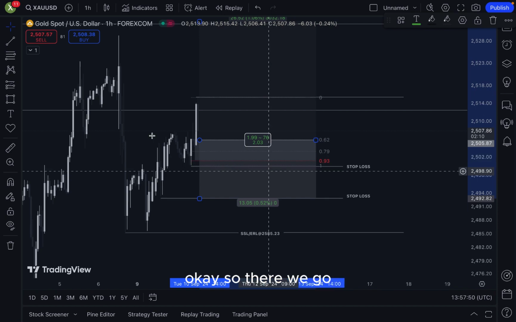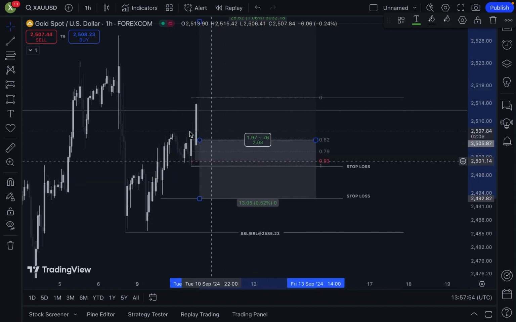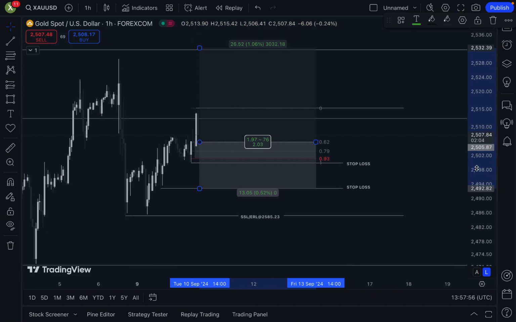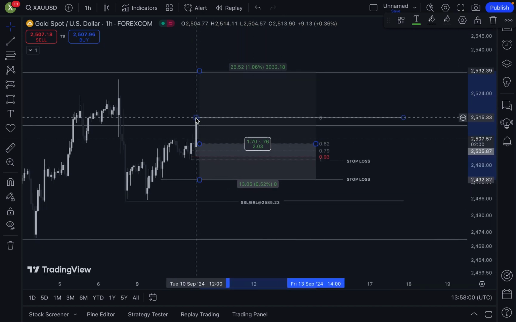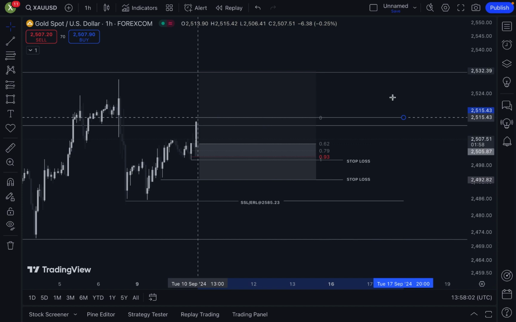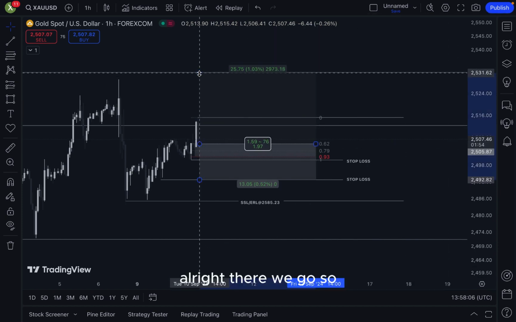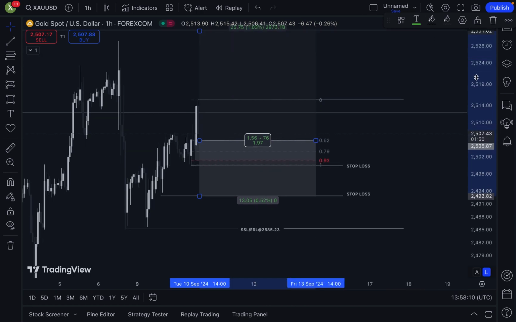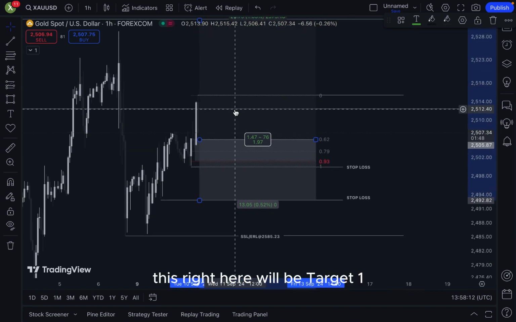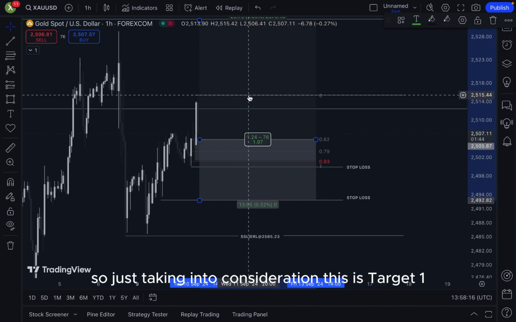Okay, there we go. So this right here will be target 1, this will be target 2, although they're in the same zone, so I'll just take into consideration this is target 1.